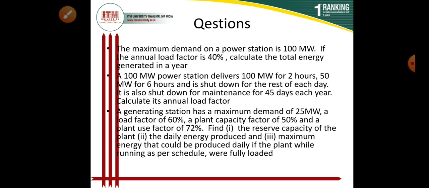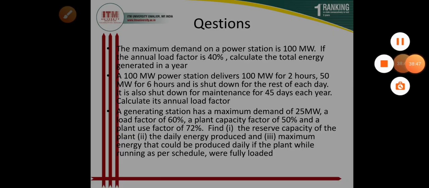We have to find the reserve capacity of the plant, the daily energy produced, and the maximum energy that could be produced daily if the plant, while running as per schedule, were fully loaded. So read the question carefully, understand and note the given data. Now come to the solution.